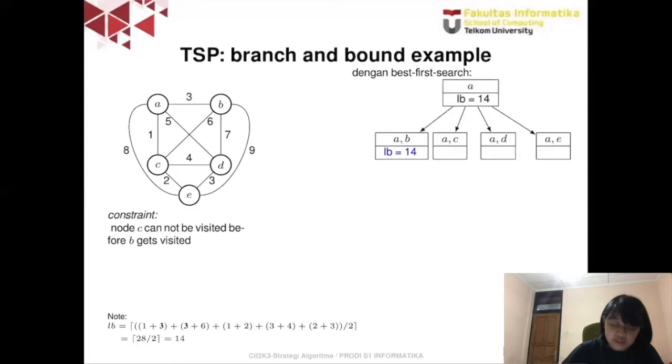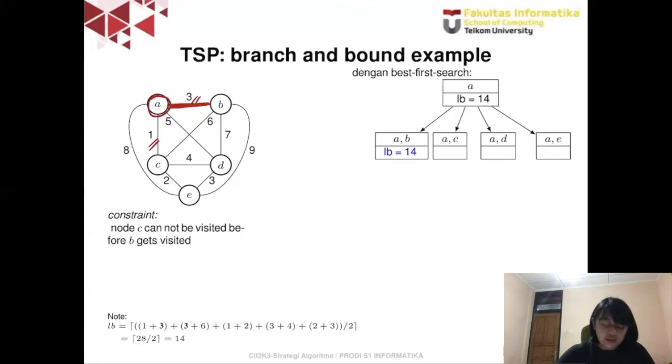For AB, it means that we have edge AB as part of the solution, which means the edge that is considered attached to A must contain 3, and also the other edge must not be lower than 1. So we have 1 here.